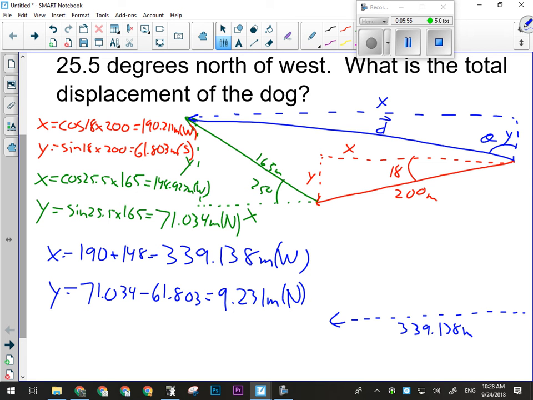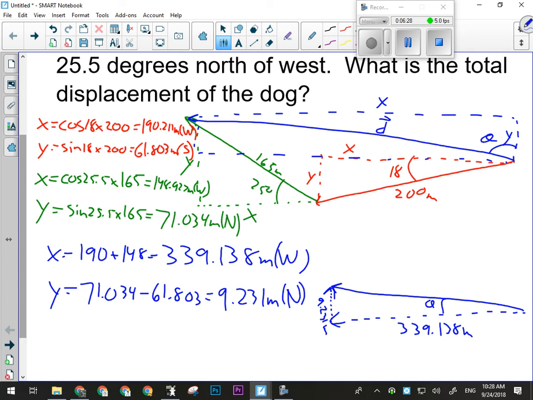So now I can draw that on here. Obviously, it's not going to be that big, but just so I can show it. If I draw this to scale, it's like a little tiny thing right here that you wouldn't even see. So I'm exaggerating the scale a little bit here. 9.231 meters, and that one's north. Well, there's my resultant triangle, which looks pretty much like the one I drew up here. I just drew the opposite one. This is the same triangle. It's still pointing the same way.